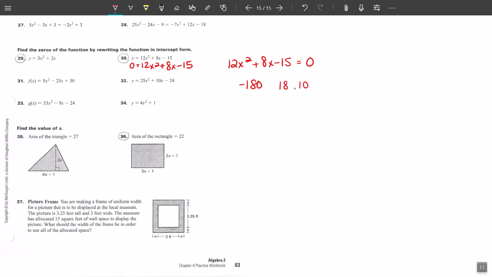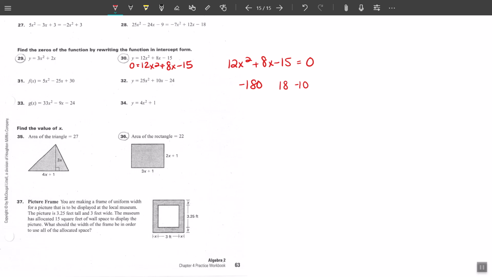If we subtract these two, we would get a positive 8. So that means we want our 10 to be negative so that they multiply to give us negative 180, but add up to give that positive 8. When you get large numbers like that that you have to find factors for, look at the middle term first and see if there's a pair that makes more sense than another, and it'll save you some time.